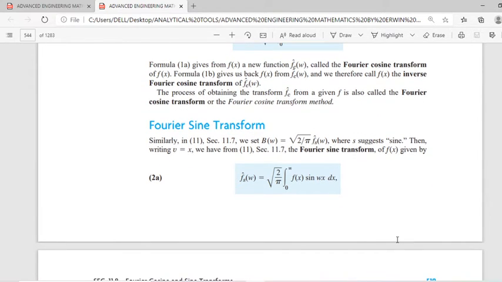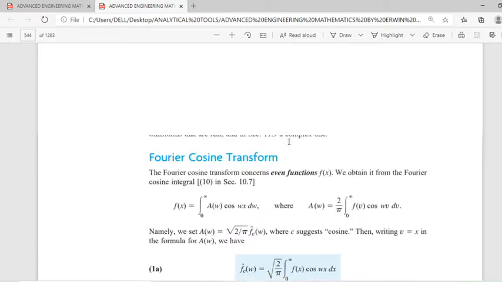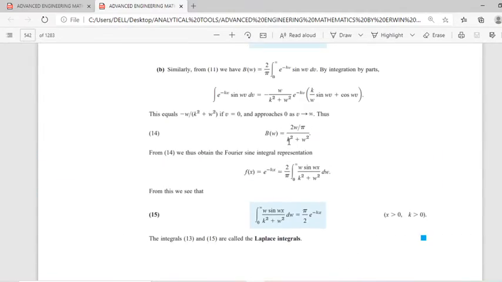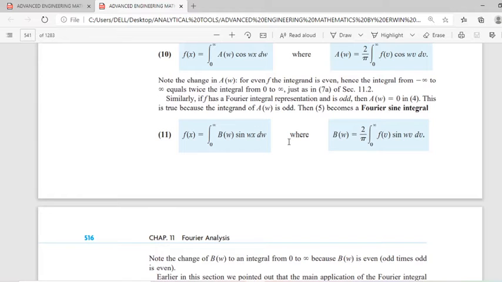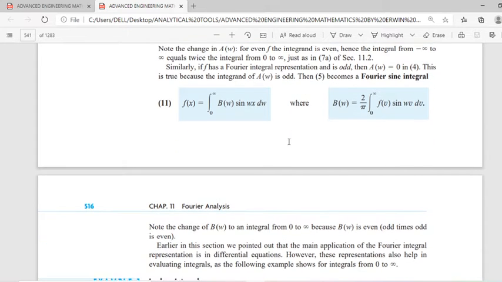So what about the Fourier sine transform? Similarly, we can write f of x equal to integral 0 to infinity b of w sin wx dw, where b of w is equal to 2 by pi into integral 0 to infinity f of v sin wv dv.